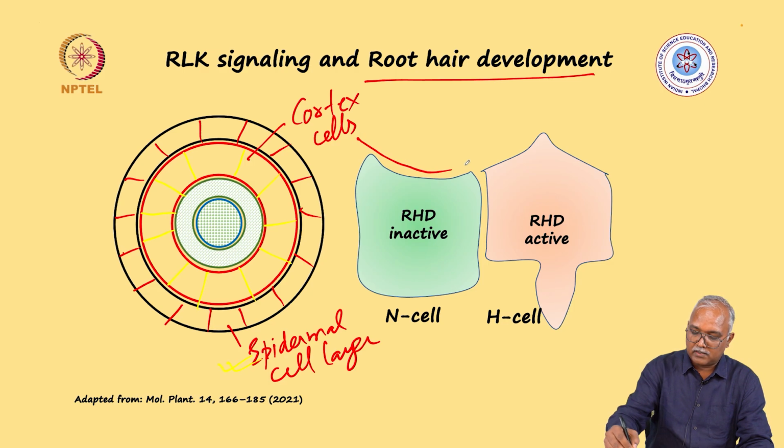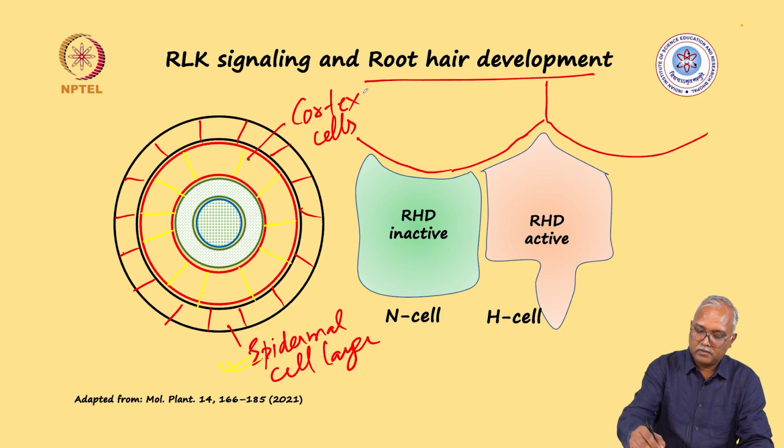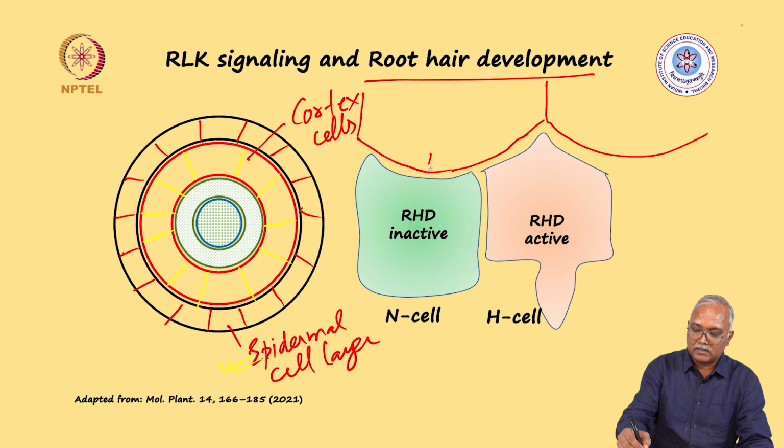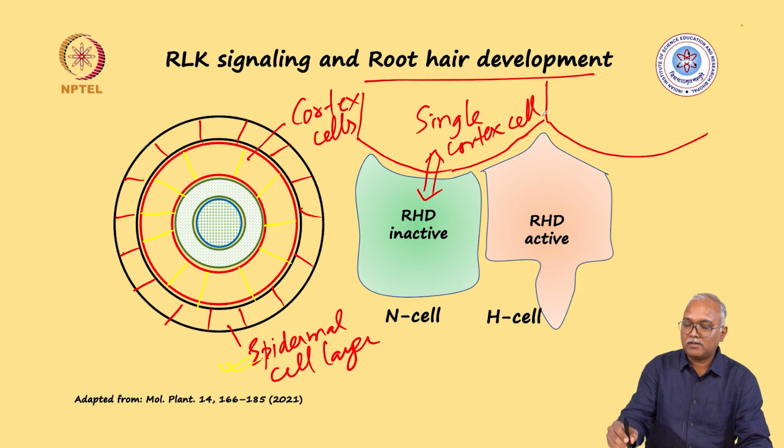Now there is a cortex cell which is above it. So this is the cortex cell and this is the epidermal cell. What has been identified is that there are cells which are directly under a single cortex cell, and there are epidermal cells which are under two different cortex cells.